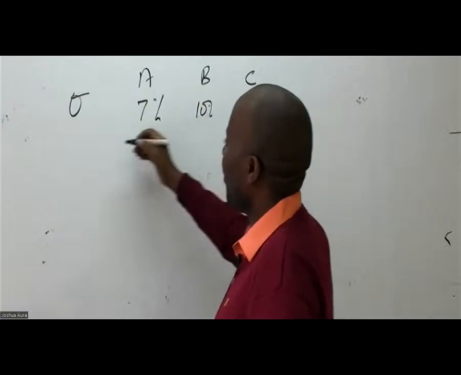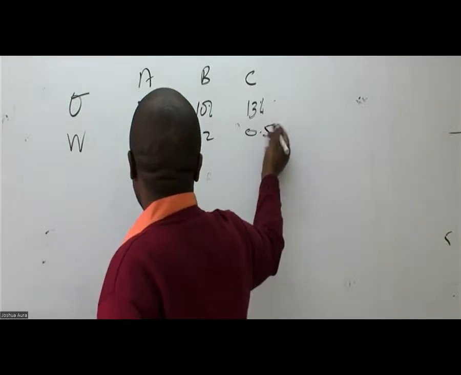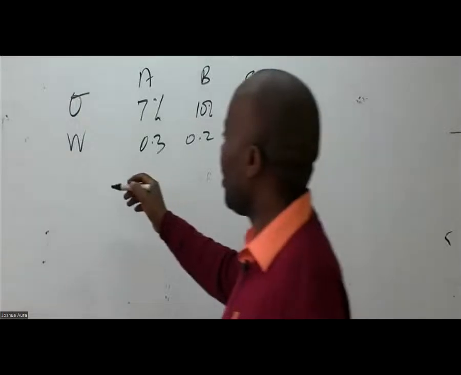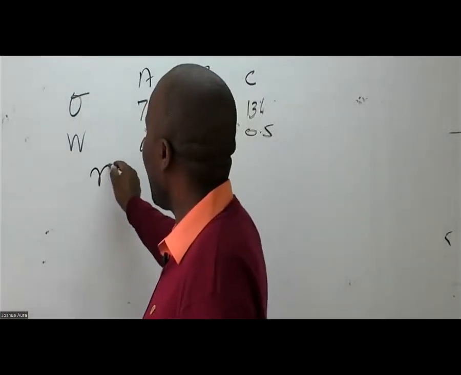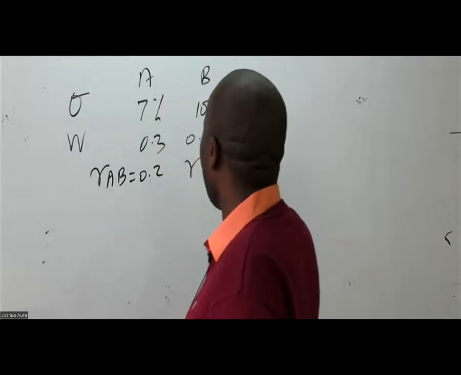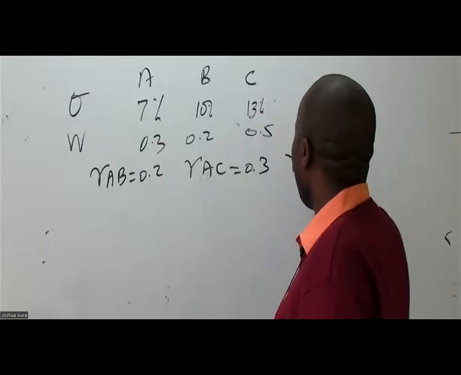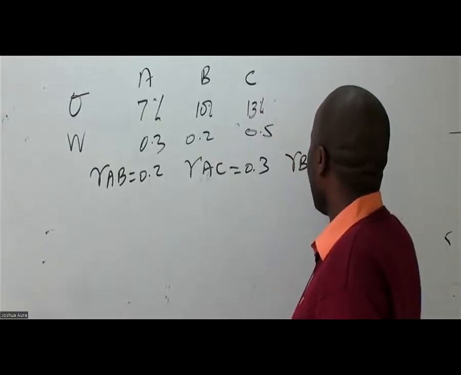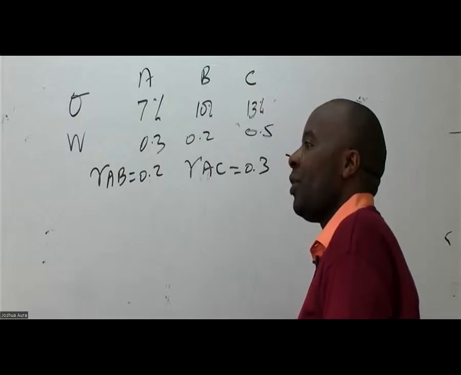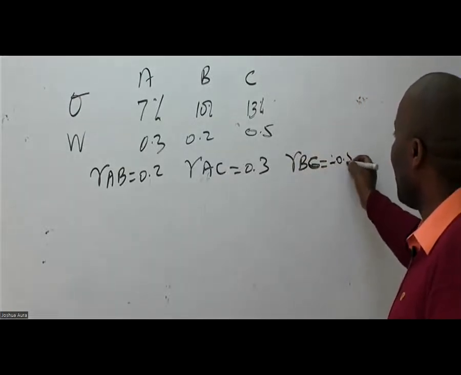And they have given us the weights: 0.3, 0.2, then 0.5. The correlation between A and B is 0.2, between A and C is 0.3, and between B and C is -0.5.